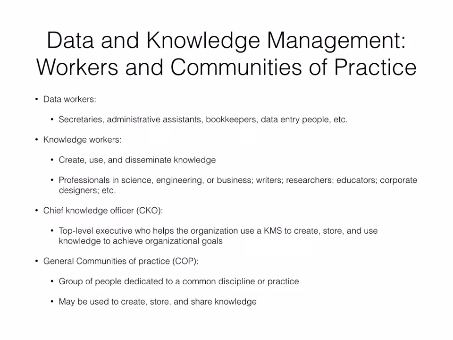And so it's created the need for things like a chief knowledge architect, who's the top-level executive who helps the organization use knowledge management systems to create, store, and use knowledge to help achieve organizational goals and realize some strategic advantage. Within organizations, there are also general communities of practice, where people are dedicated to a common discipline or practice, where it's more than one person doing that particular thing.